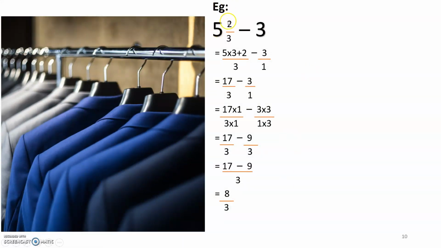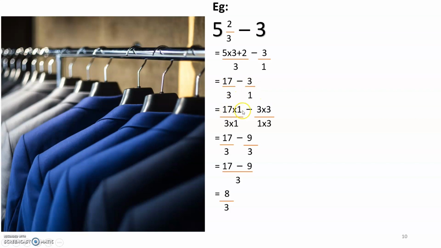Say children, here is a mixed fraction and here is only a whole number. Now how to do that? We'll convert this mixed fraction into an improper fraction, and here no denominator is there. That means when no denominator is there, we'll take 1 in place of that. So 5 into 3 plus 2 upon 3 minus 3 upon 1. 5 threes are 15. 15 plus 2 is 17. 17 upon 3 minus 3 upon 1.